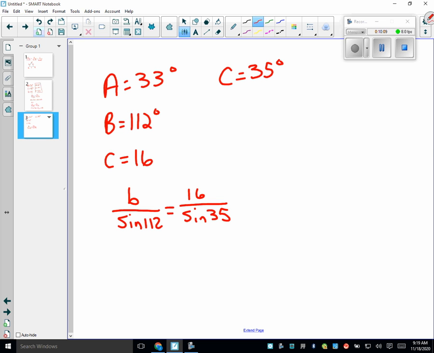Sine isn't too hard, is it? And I'll bet you already have it memorized.